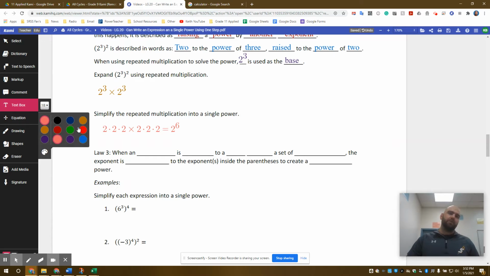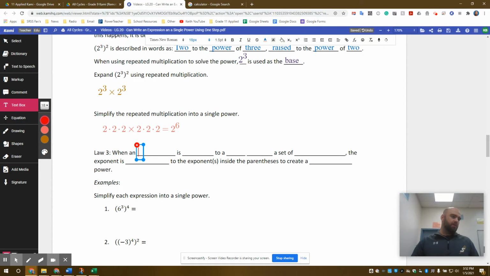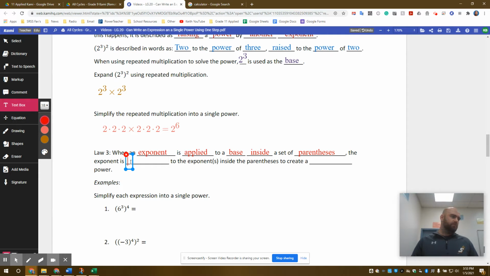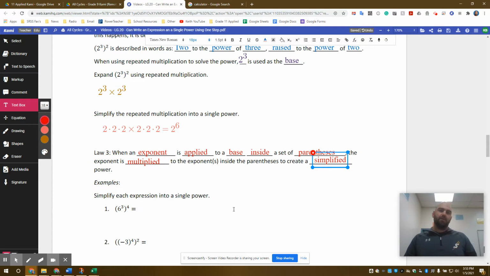And this brings us to our third and final law that we're going to be taking a look at in this lesson. When an exponent is applied to a base, which is inside a set of parentheses, the exponent is multiplied to the exponent or exponents inside the parentheses to create a simplified power.